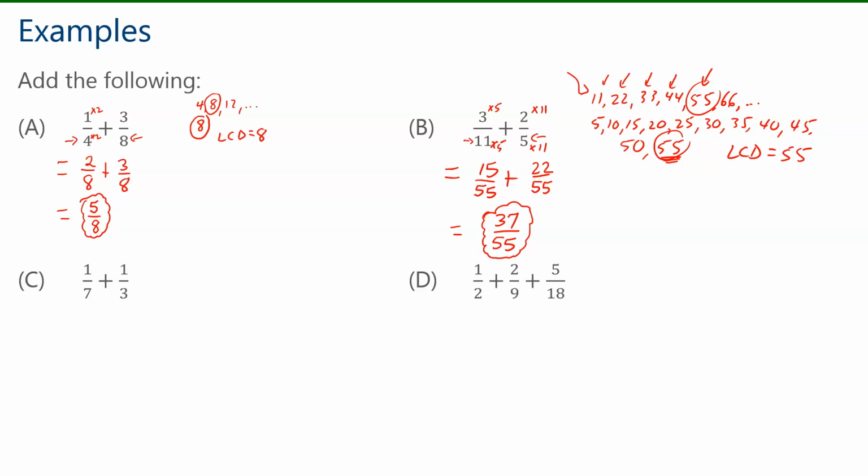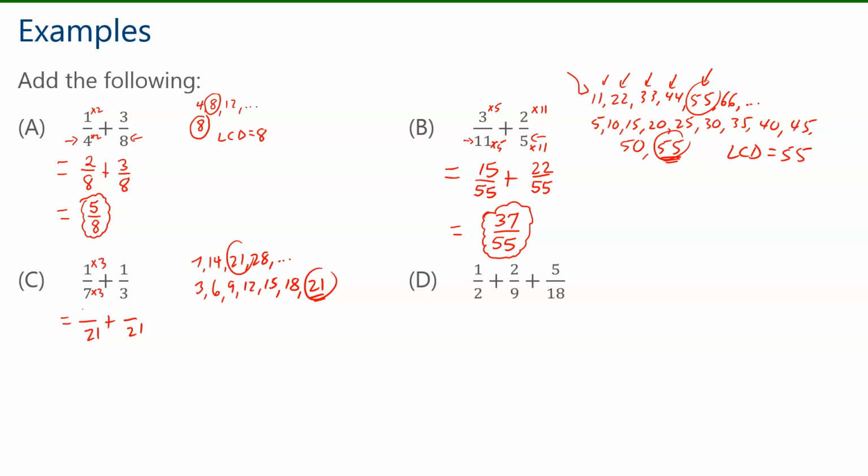In C, 1/7 plus 1/3. Common denominator this time. Well, if I list out multiples, 7, 14, 21, 28, and I could keep going. 3, 6, 9, 12, 15, 18. There it is, 21. So I rewrite both given fractions with a denominator of 21. 7 times 3 is 21.